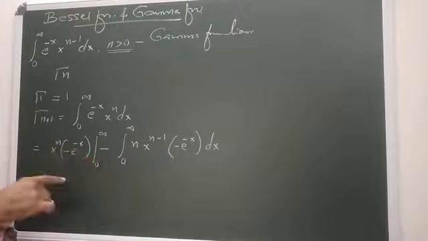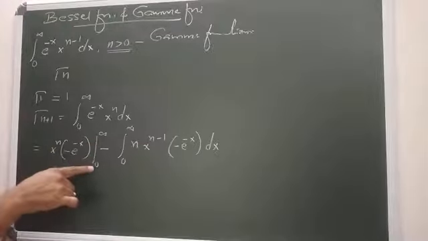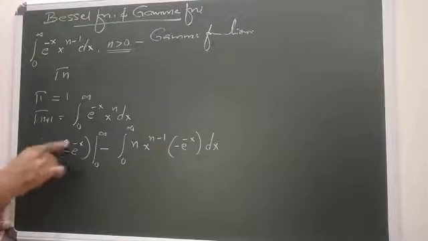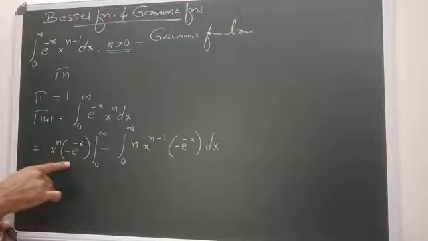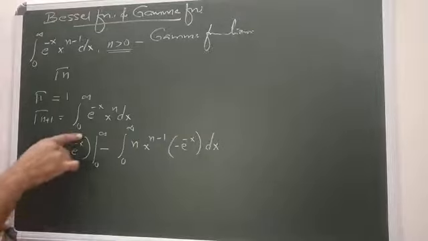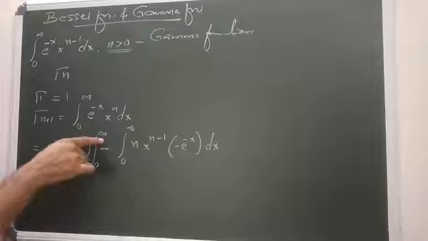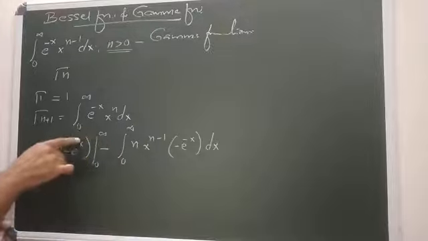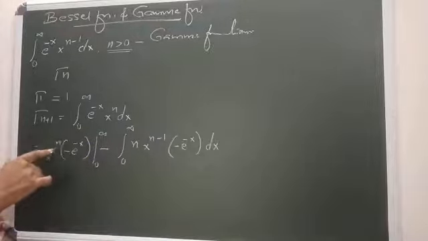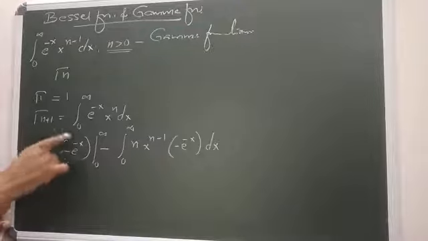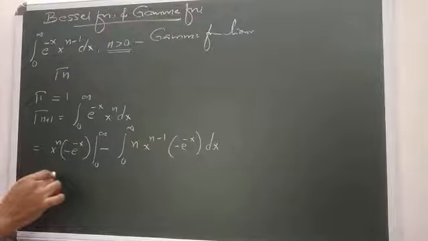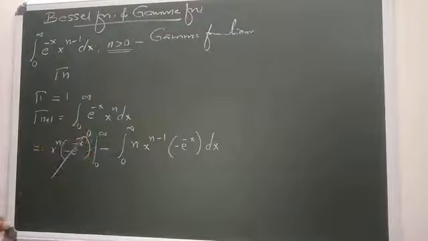If you apply the limits, in the first term, when x equals 0 the term vanishes. Applying the upper limit, when x tends to infinity, x power n by e power x always goes to 0. So the first term goes to 0.